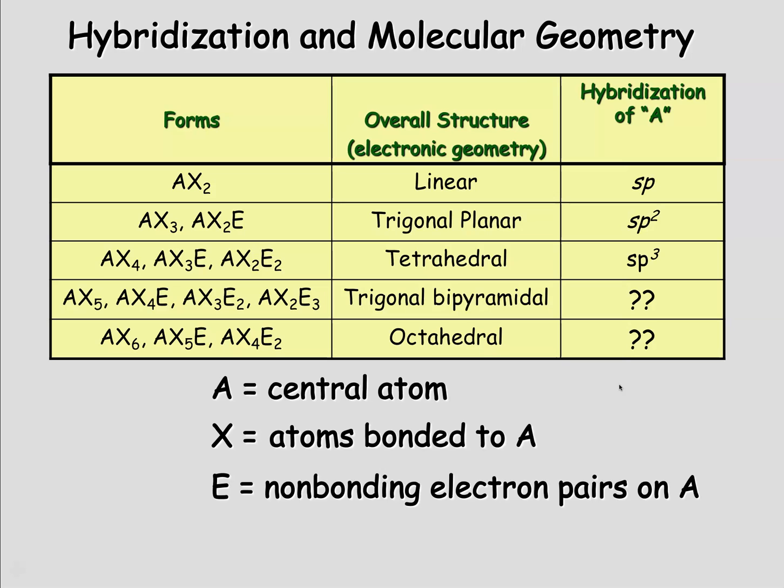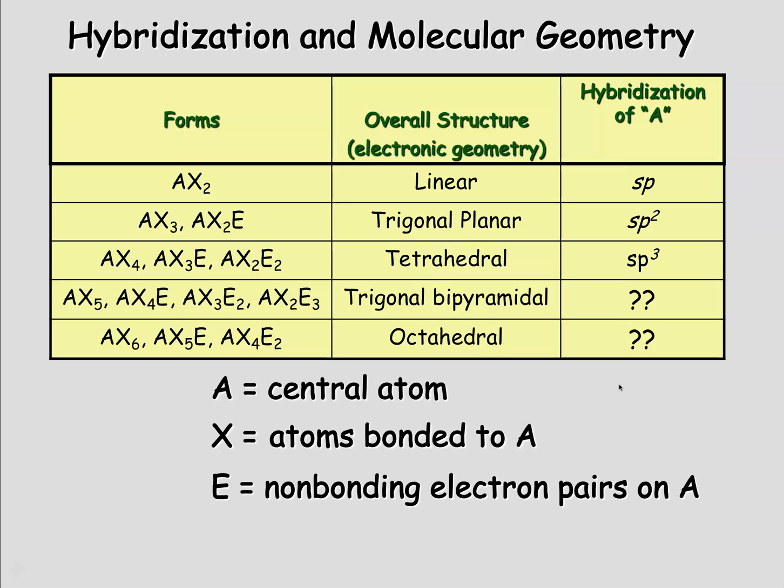So back to this chart, which we've seen before. The hybridization we are referring to is only the central atom, the A in our AX formula. Now, notice something here. AX2 has two things bonded to the central atom. Go to the hybridization, it's sp. sp hybrid is two hybrid orbitals. Go down one.